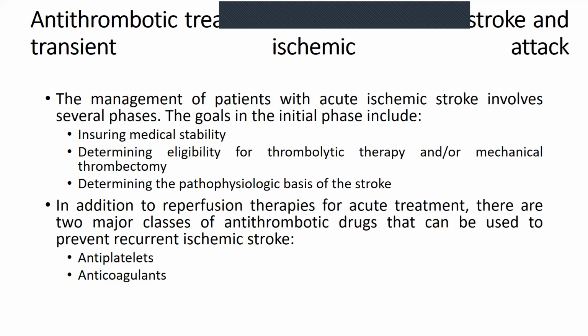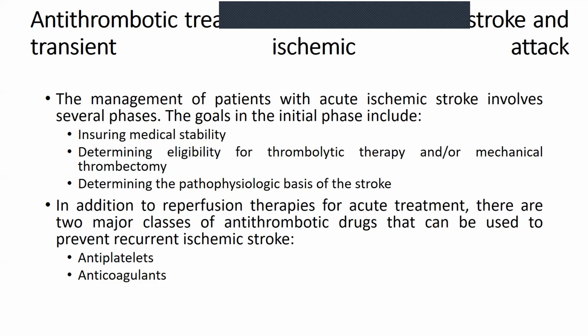The goal in the initial phase is to ensure medical stability, which we do when the patient arrives in our ER, and then to determine whether the patient is eligible for thrombolytic therapy or mechanical thrombectomy, which we can decide after the patient reaches our ER and after doing a CT scan.